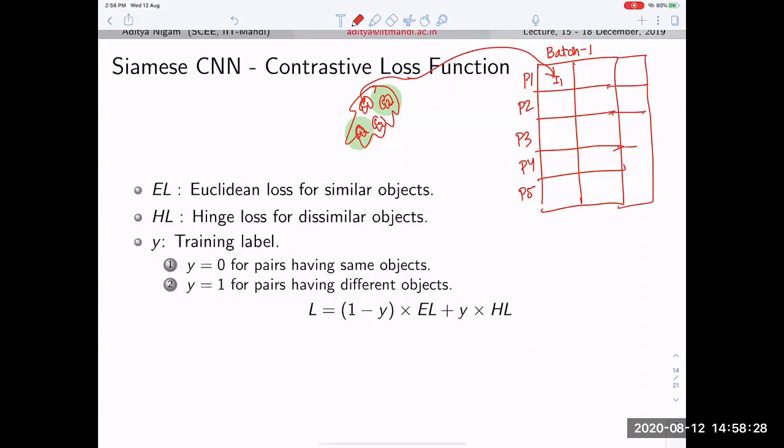Let us draw it in this way. This is I1, which is actually a first class image, then I1, I2, I1, I3, I4, I4, I2, I2. Then this is 0, this is 1, this is 1, this is 1, and this is 0. These are the ground truth values.